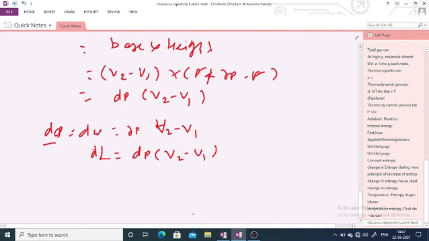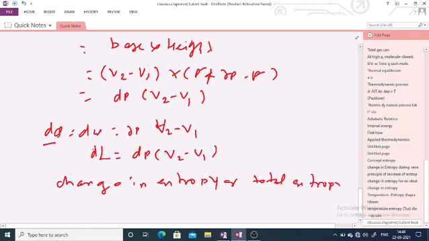Now during this one cycle, the change in entropy, or total entropy, entropy is also a state function. So during this, (L plus dL) divided by (T plus dT), plus, but here there is a minus sign in the second term.